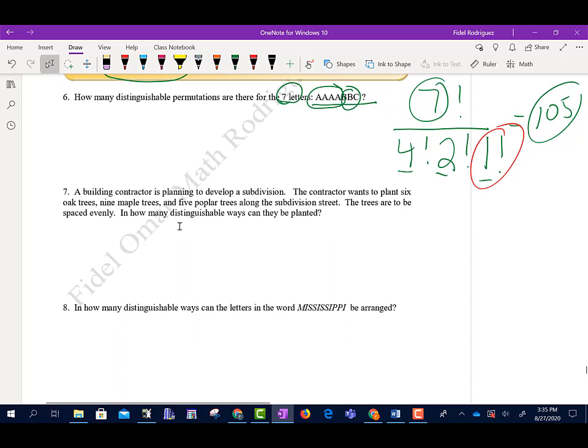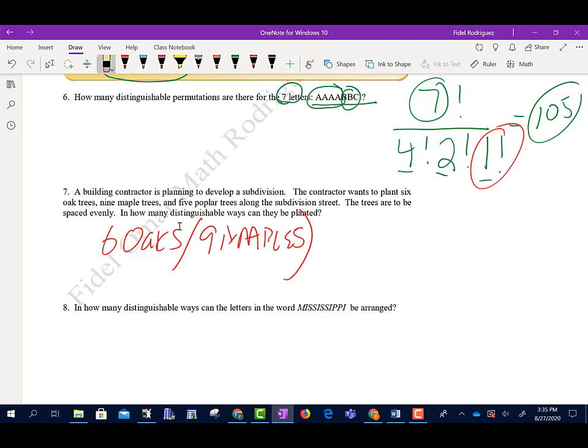Okay, so now let's take a look at the next one here. It says a building contractor is planning to develop a subdivision. The contractor wants to plant 6 oaks, 9 maples, and 5 poplar trees.